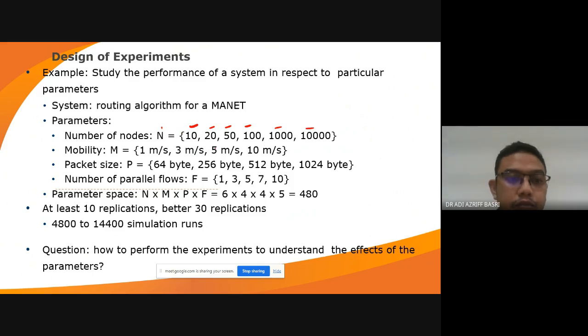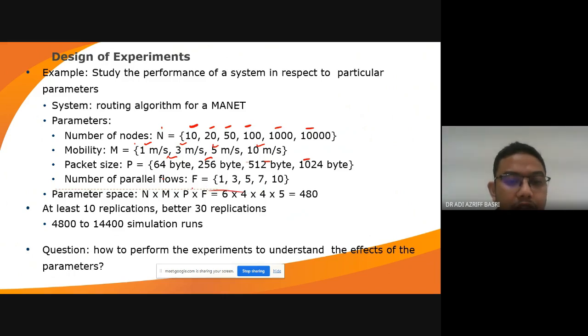Another parameter is mobility, M, which is how fast it moves, maybe 1 meter per second, 3, 5, or 10 meters per second. And the packet size, P: 64 bytes, 256 bytes, 512 bytes, 1024 bytes. And the number of parallel flows, F: 1, 3, 5, 7.